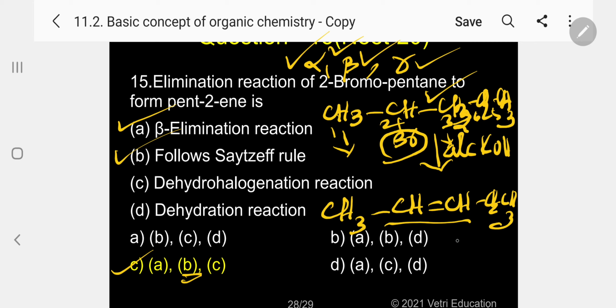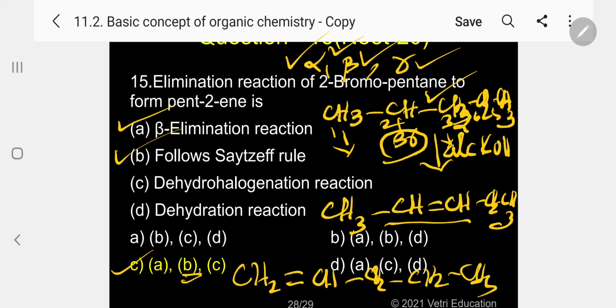This is 2-pentene. Kindly follow. Suppose the hydrogen is taken from the first carbon atom, what will be the product? I will write CH2=CH-CH2-CH2-CH3. This is 1-pentene. So this is 1-pentene if you take it from this carbon atom. What does the Saytzeff rule say?